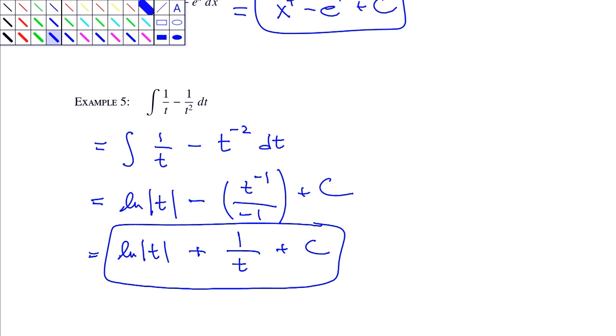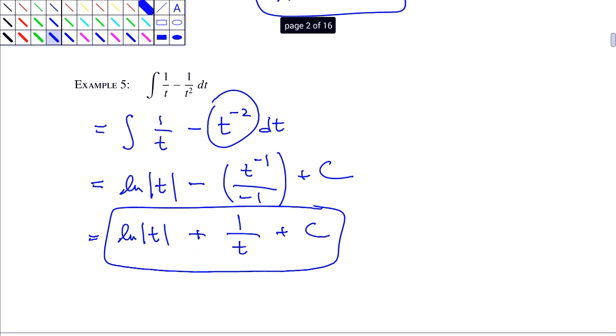So what is the exponent in this piece? Negative 2. Add 1 to get negative 1. So that's the new power, and you divide by the new power. How do they cancel out? The negative and the negative? Did they cancel out the exponent or the... No, just these two right here.